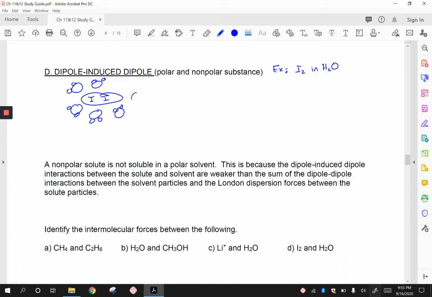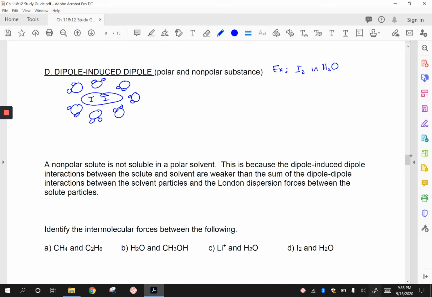If by coincidence the water particles somehow line up this way, where there's a bunch of oxygen sides next to one side of the molecule and a bunch of hydrogen sides of the water next to the other part of the molecule. Remember that the oxygens are partially negative, and these are partially positive.